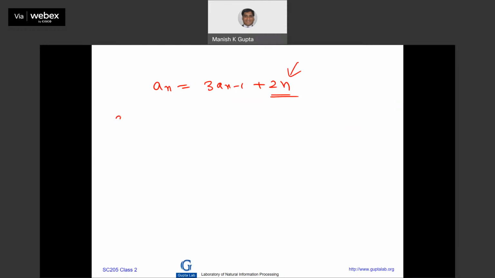So in general, an is equal to c1 a(n-1) plus ... plus ck a(n-k) plus some function of n, and this function is not equal to 0, of course, all ci's are real numbers. By the way, I should tell you the beauty part here, right?